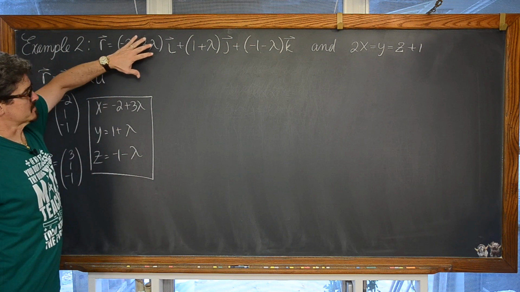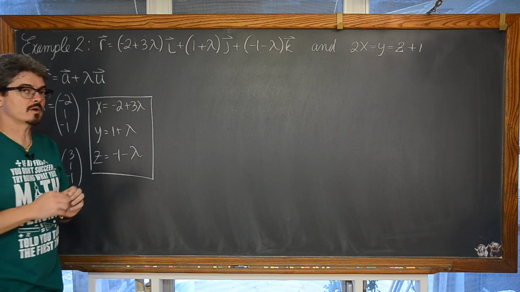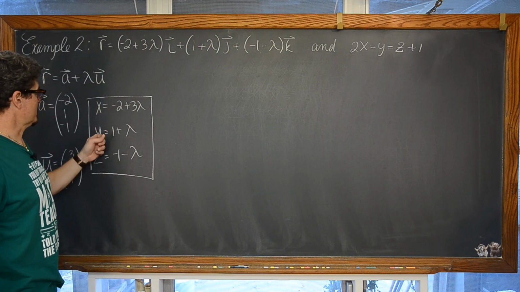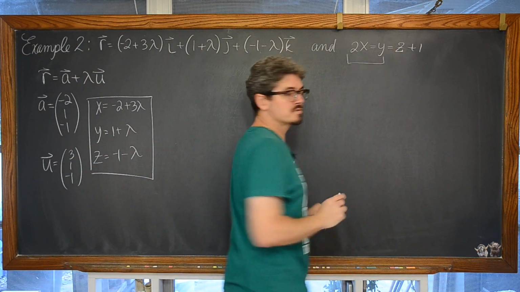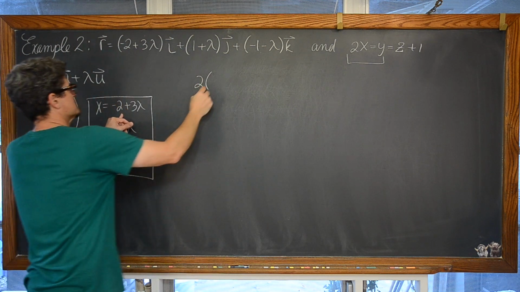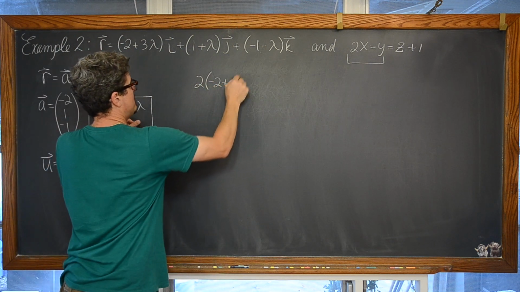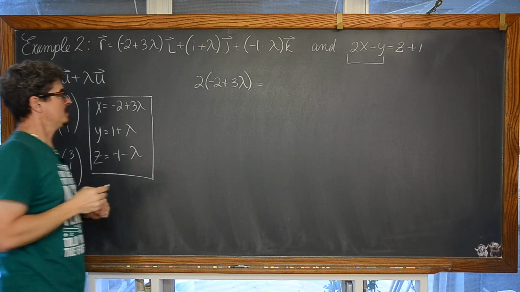It'd be more work to put this into our Cartesian format and then do that system of equations. We're going to take the expressions of x, y, and z just like before, plug them into the first two parts to make our first equation. 2 times x, 2 times negative 2 plus 3 lambda is equal to y, which is 1 plus lambda.